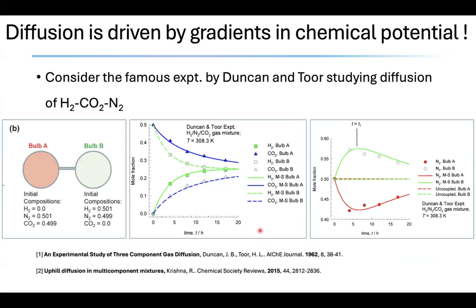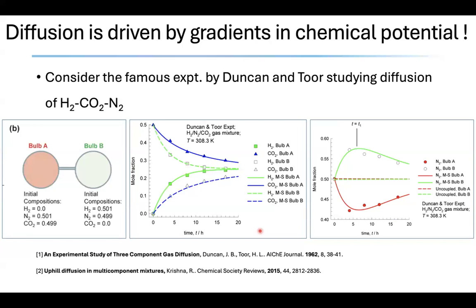Now, an obvious question would be, why do we have two different frameworks to describe the same process? So is diffusion driven by the chemical potential, or is diffusion driven by the gradient in concentration?